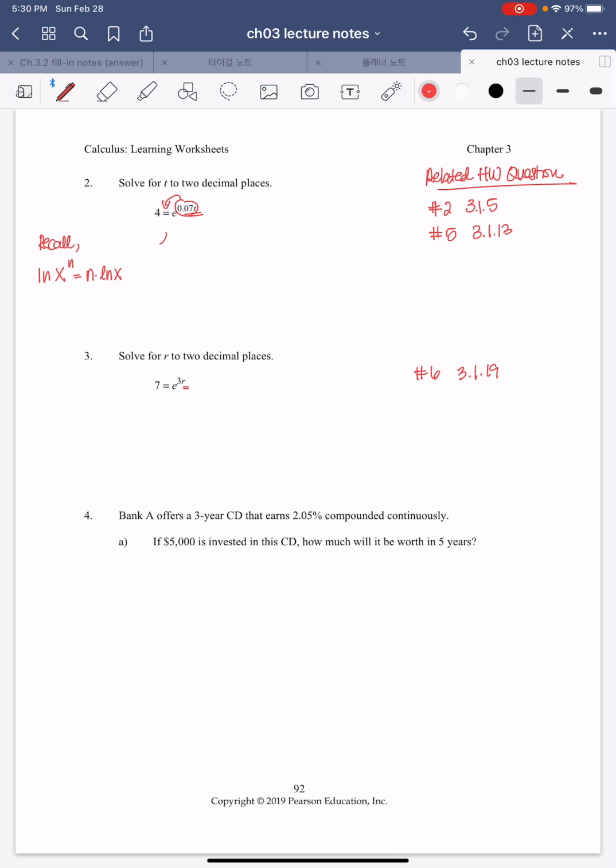I'm gonna apply ln to both sides. So if I apply ln, it will be ln 4, and then apply ln to the entire right hand side. Now by the rule, you can bring down n in front to make it a product. So power changes to product.